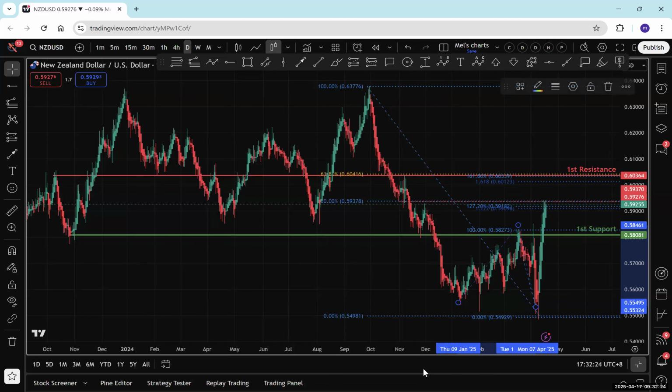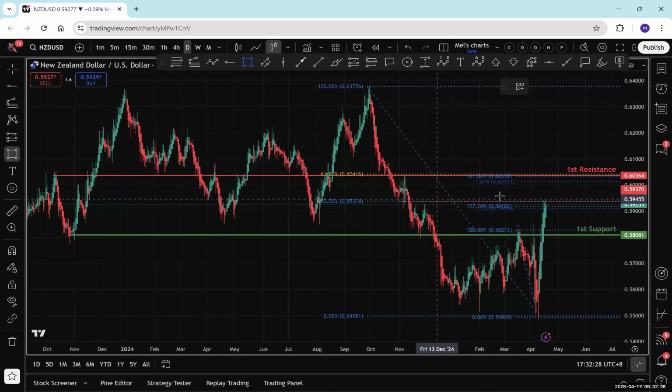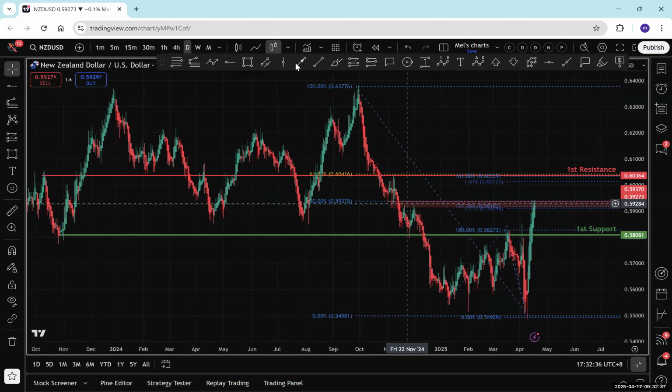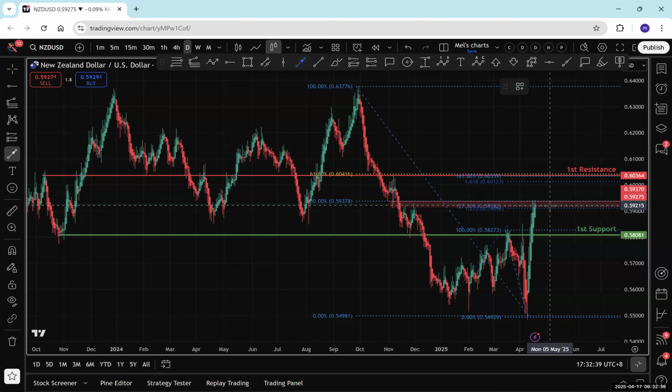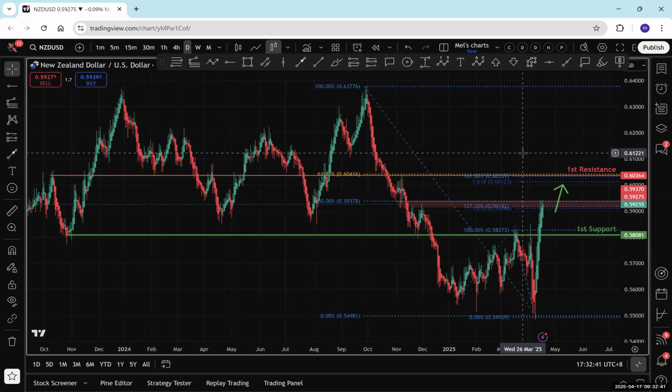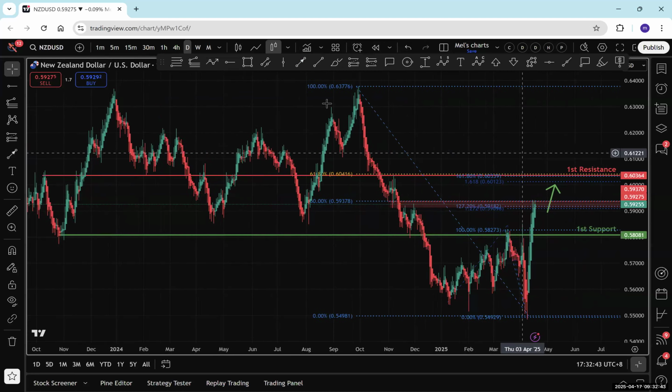Okay. So here you can see we have quite a big confluence area. It's also an overlap level, so just be careful of this area. But I'm expecting prices to continue pushing upwards.